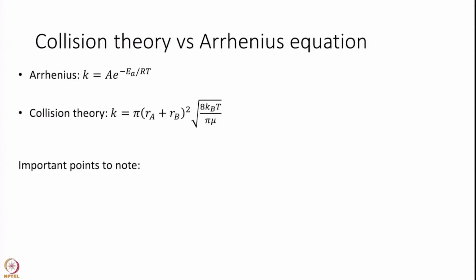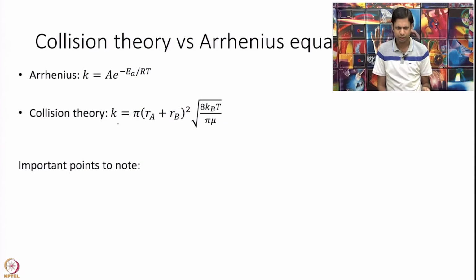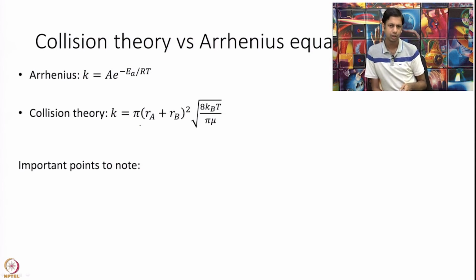Okay. So, we have got a rate constant k equal to pi (Ra plus Rb) square into root of 8kT over pi mu, maybe with a factor of half if you are more particular about A being equal to B or not. But let us take a broader picture.